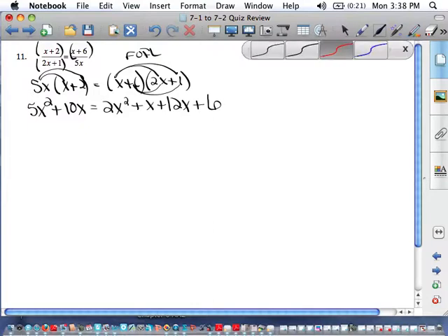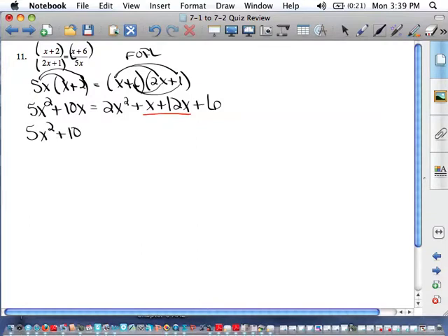Then remember, you want to combine like terms before you start adding and subtracting across the equal sign. So you will have 5x squared plus 10x equals 2x squared plus 13x plus 6. Then subtract all of the terms on the right from the left-hand side.